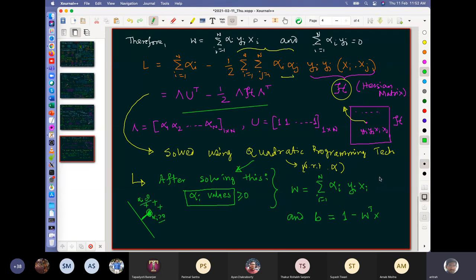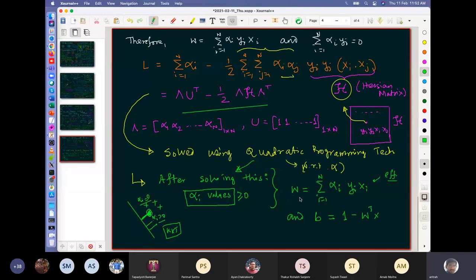So this computation is effectively computationally efficient, because not all the alpha i's are non-zero. Most of them are 0. Only if points are the supports of this line are they greater than 0. That's what the KKT theorem pushes us to. I will explain that theorem and the equivalence between the two problems tomorrow.